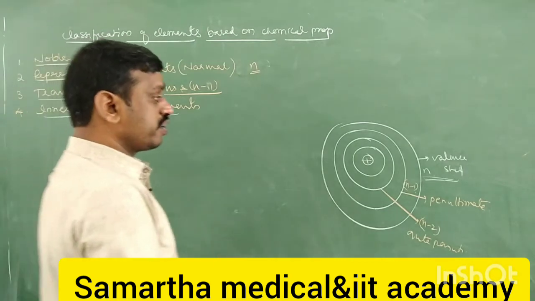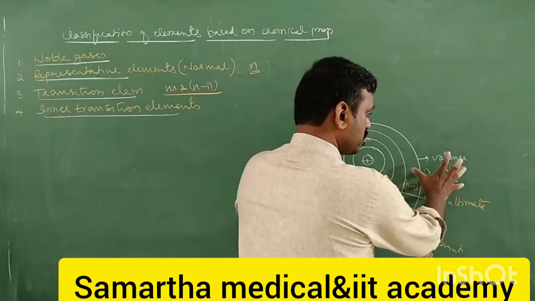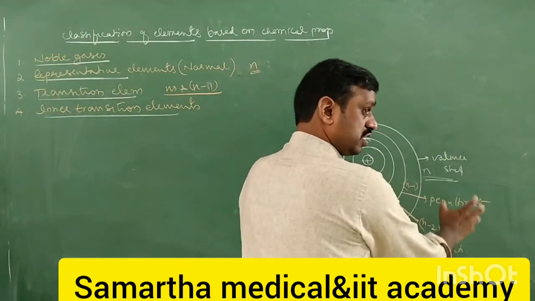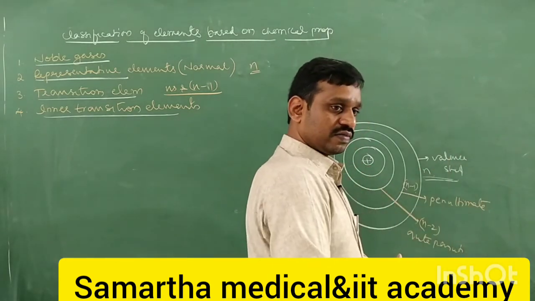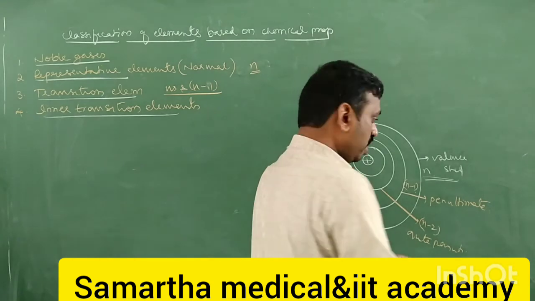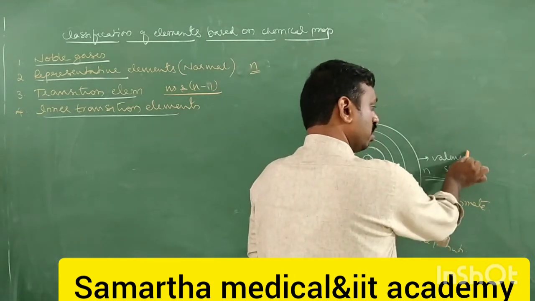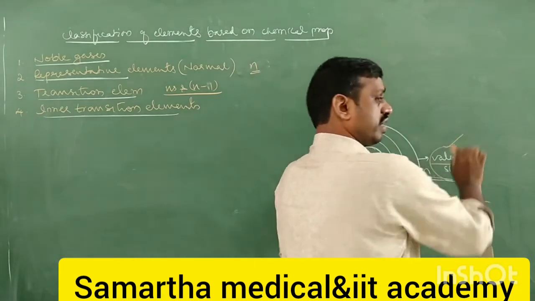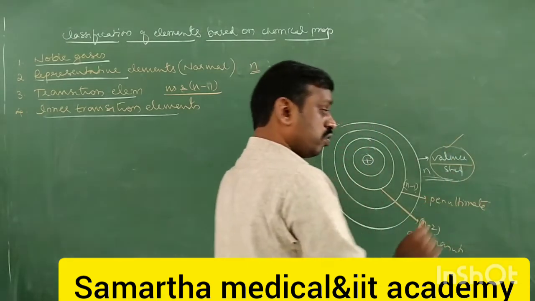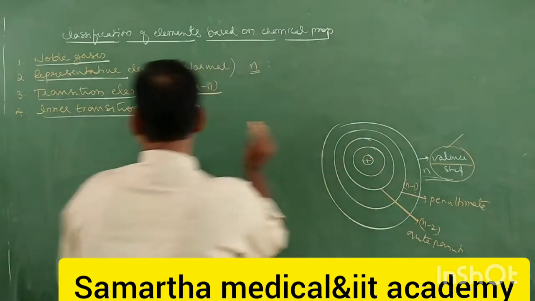When it comes to representative elements, only the valency shell is incompletely filled. It means only valence shell electrons are involved in chemical reactions, that is, the nth shell or outermost orbit electrons. Then what about the penultimate shell? This is in transition elements.